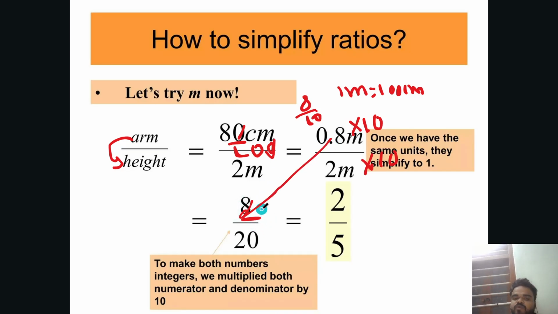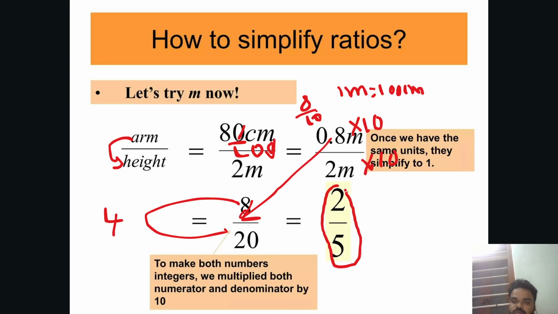What is the HCF of 8 and 20? We already calculated, it is 4. So 4 twos are 8 and 4 fives are 20. So the simplest form of 80 centimeters to 2 meters is 2 by 5, or 2 is to 5, or 2 to 5. Got it?